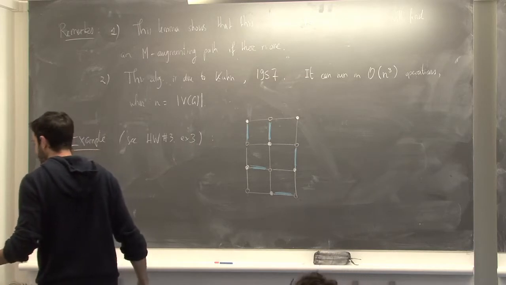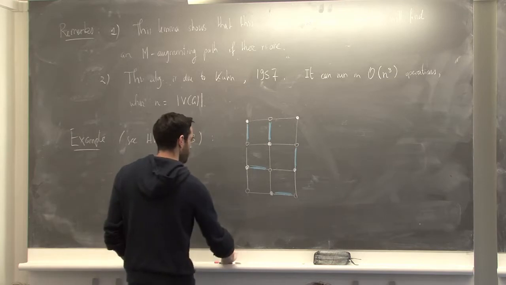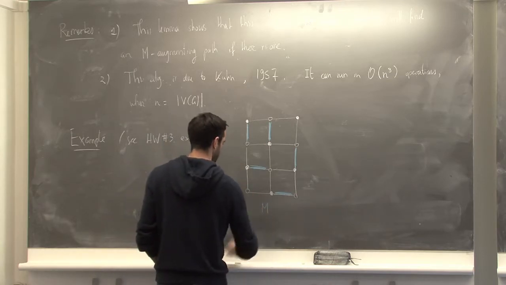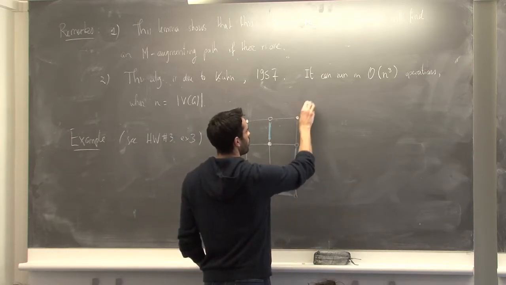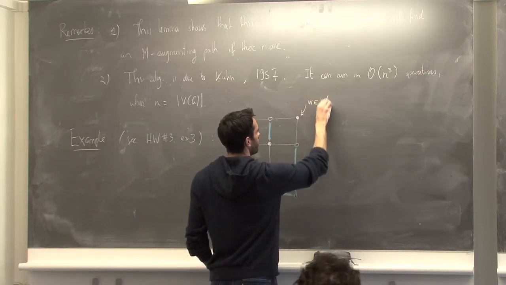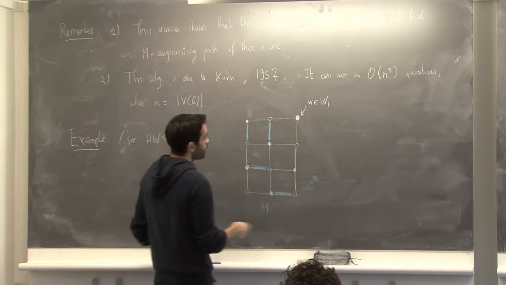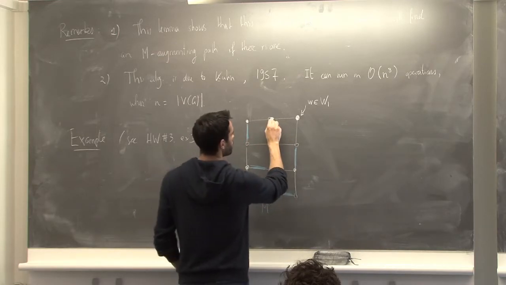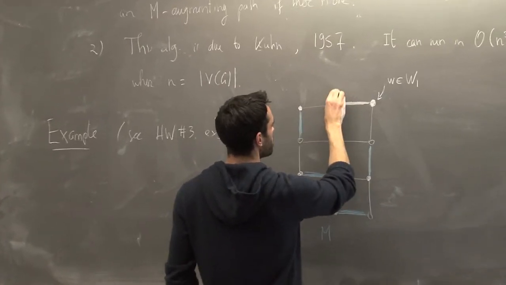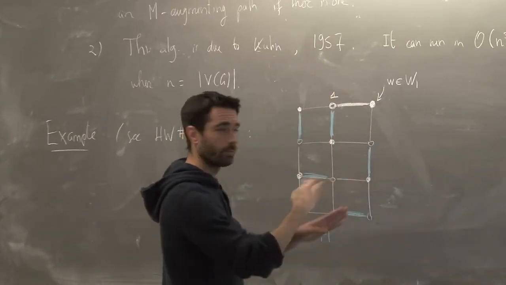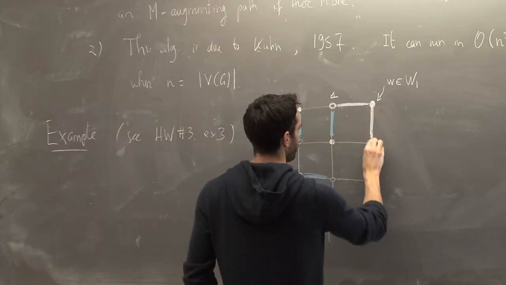Okay, so these are the edges of my matching. And I start with W here in W1. First step, I go to the neighboring ones. And maybe I'm just going to say, these are at level 1 in the tree as I progress. This one is also at level 1.